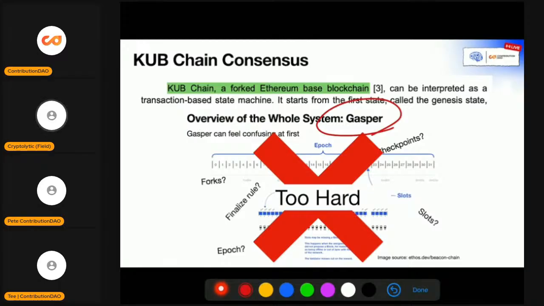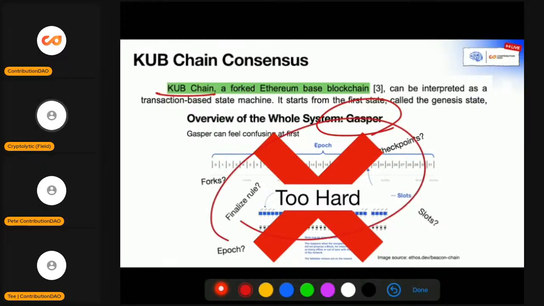Because if you remember, Ethereum has millions of nodes, or hundreds of thousands of nodes, so the consensus protocol has to be complex. If not, it's going to be too slow. But as for KUB Chain, it doesn't need to go to that extent.